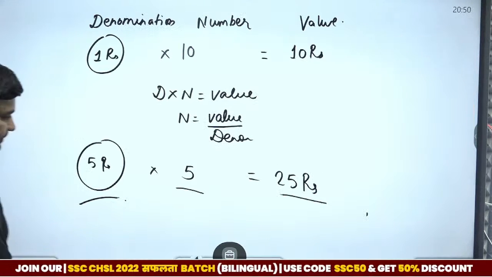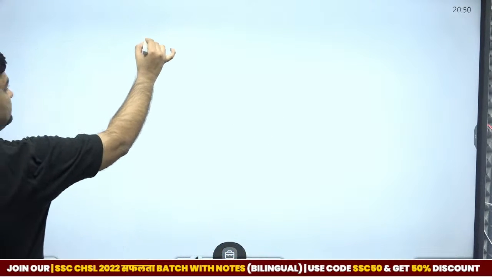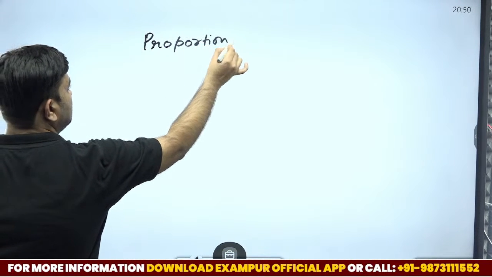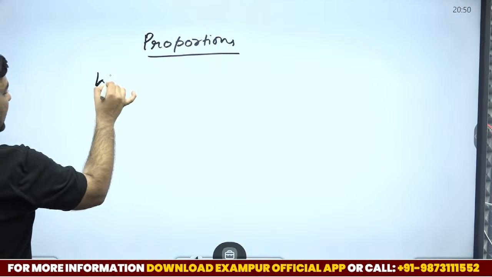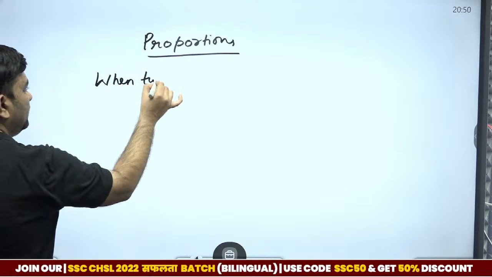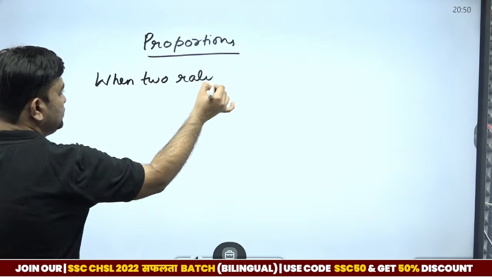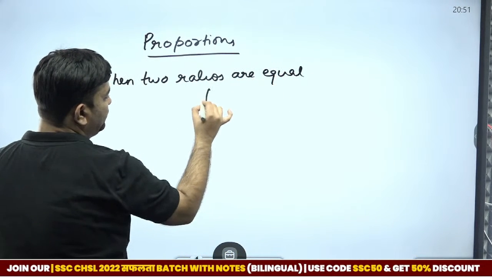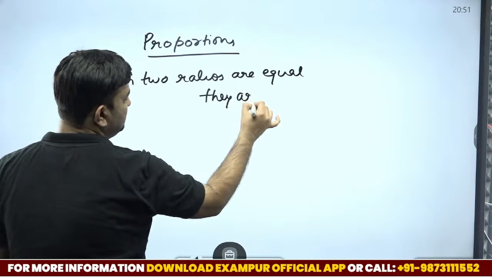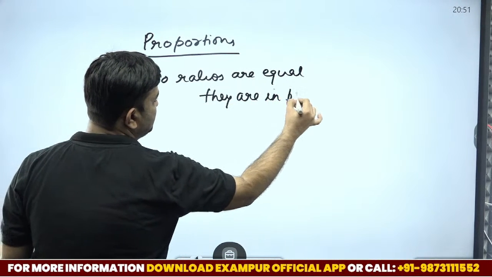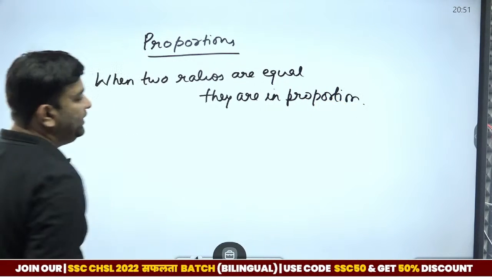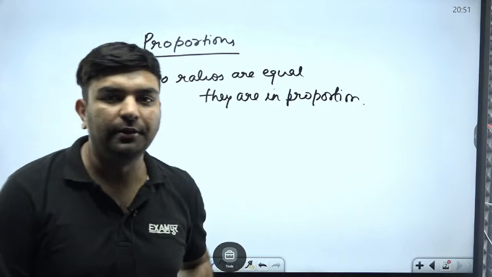Write down some theory. Proportions. When two ratios are equal, they are in proportion.